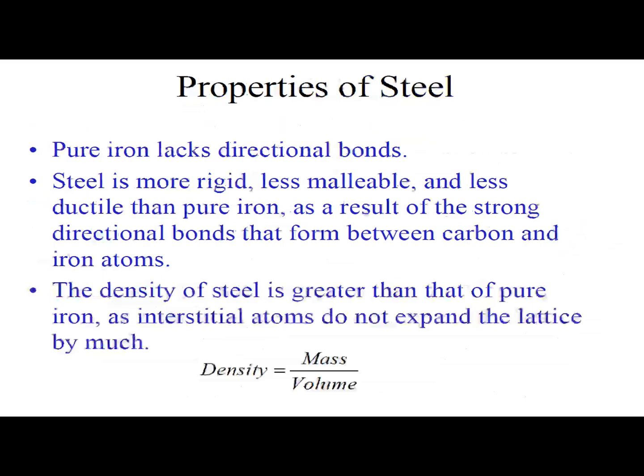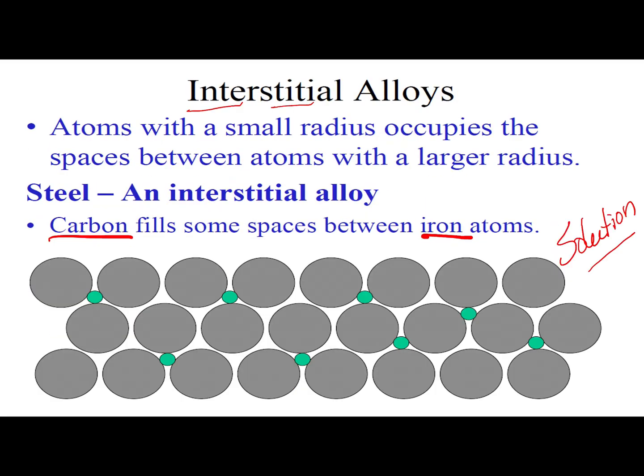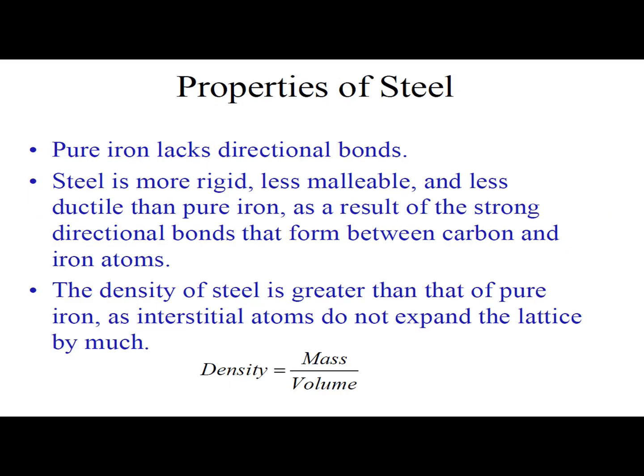Some properties of steel. Pure iron lacks directional bonds. Pure iron's pretty soft and ductile. Carbon forms strong directional bonds with the iron atoms. And what that's going to do, if you look back at this picture, so by itself, the pure iron is kind of malleable.